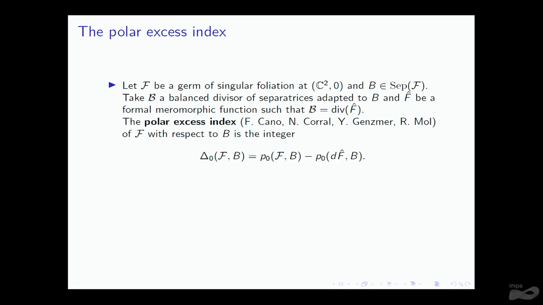Here I calculate the polar intersection of F with respect to B and the polar intersection of dF. That's why I had to define the polar intersection for a formal omega, okay, with respect to B. It's the difference, this difference.